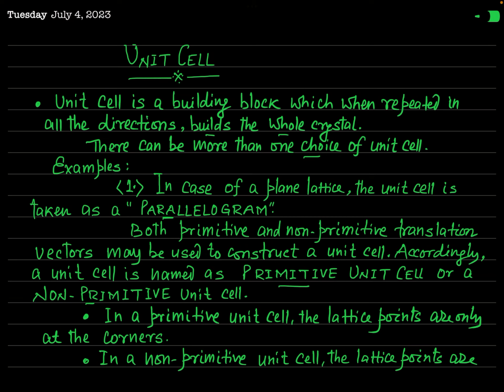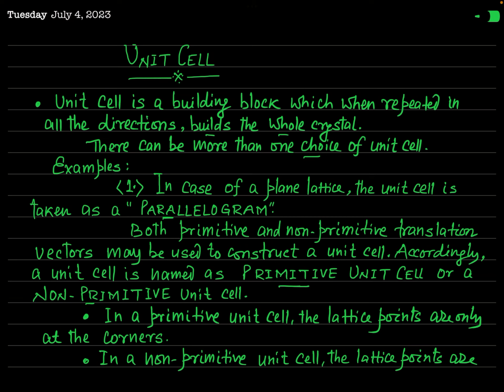The name implies its meaning. When the unit cell is constructed by using the primitive translation vectors, then that will be called a primitive unit cell. And if it is constructed by the use of non-primitive translation vectors, then it will be a non-primitive unit cell.